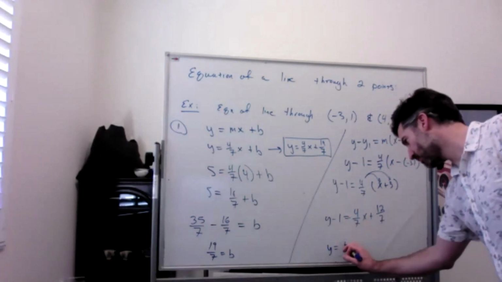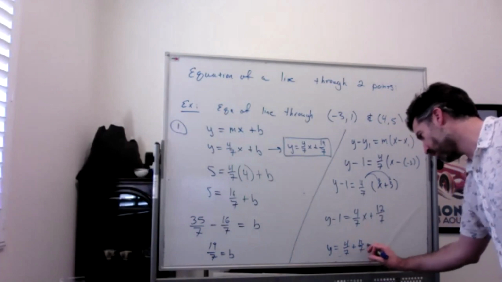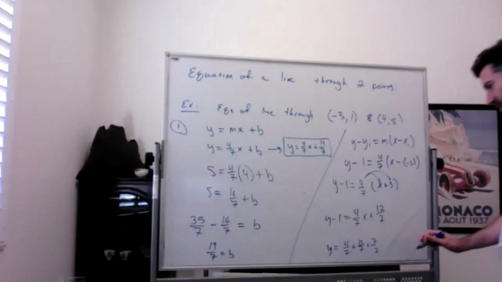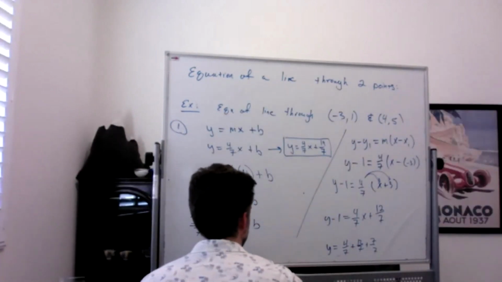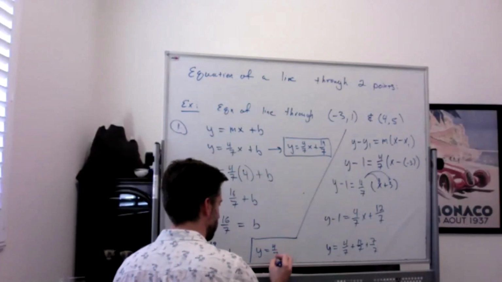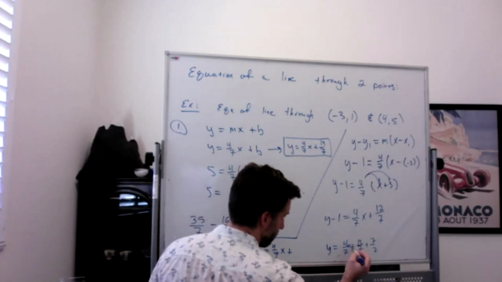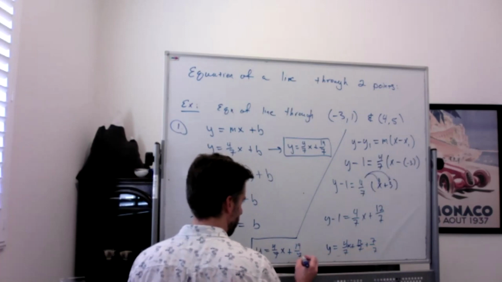So y equals 4/7 x plus 12/7 plus 1, which is 7/7. And then I think I can fit this in here. I get y equal to 4/7 x plus, oops, I forgot the x here. That's not good. 12/7 plus 7/7 is 19/7.